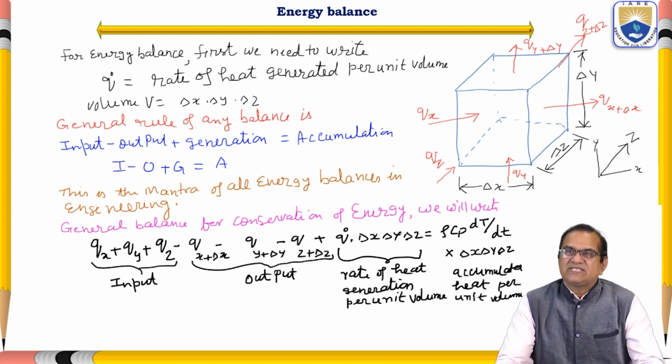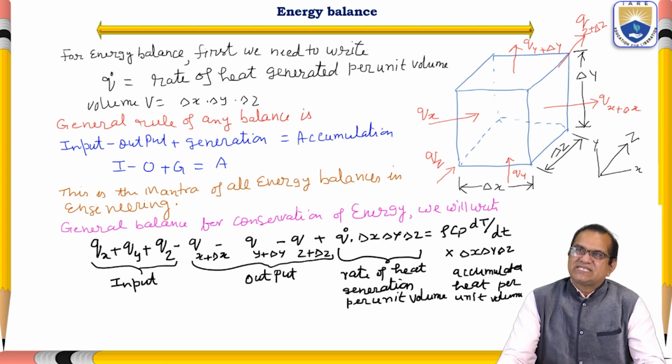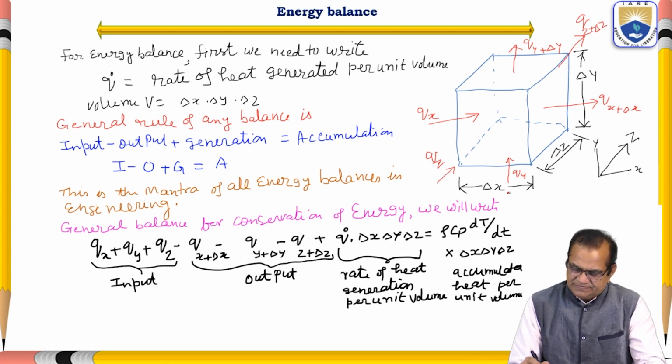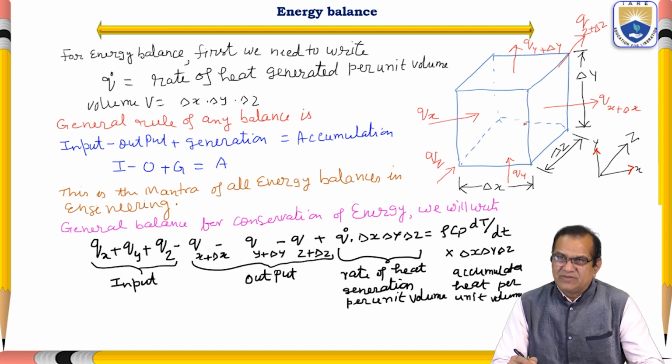The energy balance we will see for an element. The element size is delta x, delta y in the vertical direction, and delta z in this direction. This is the x direction, vertical is the y direction, and perpendicular to xy is the z direction, and it is shown as a single element.